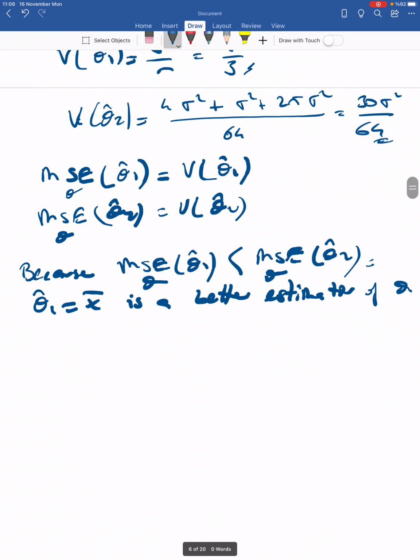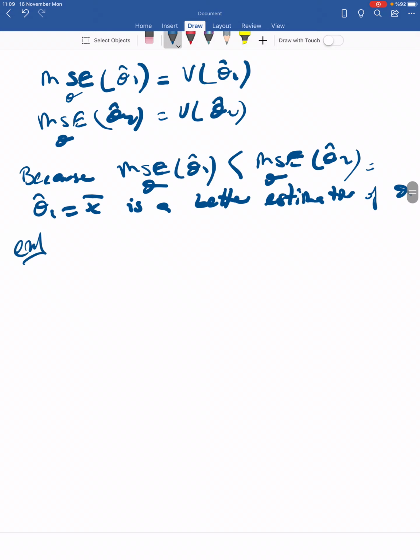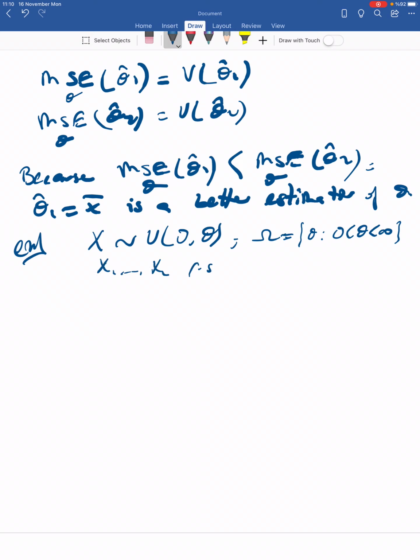Okay, let's consider another example. With examples you can understand better. The idea is basically very simple. So the parameter space is given as theta such that this one. Again, let's assume that we have a random sample.